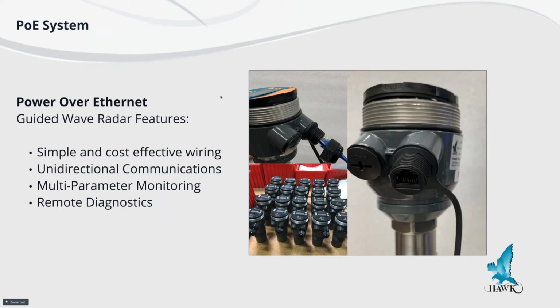These devices have the ability for multiple communication port outputs. So we can communicate TCP/IP through our monitoring system, or we can connect Modbus RTU, so it is its own remote terminal unit. And that communication output happens simultaneously with the communication of TCP/IP.